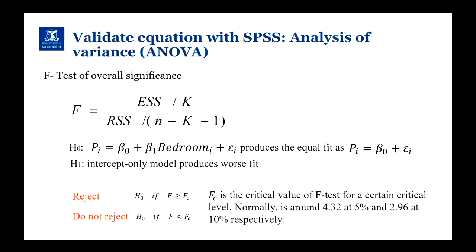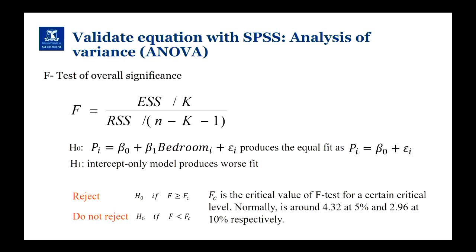The alternative hypothesis is that this one produces a worse fit, or in other words, that we should include this independent variable.